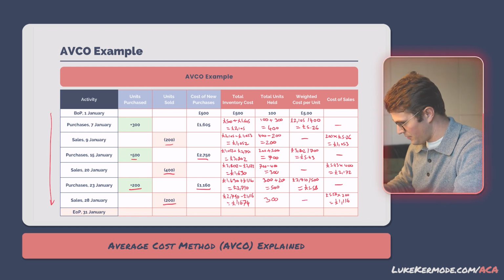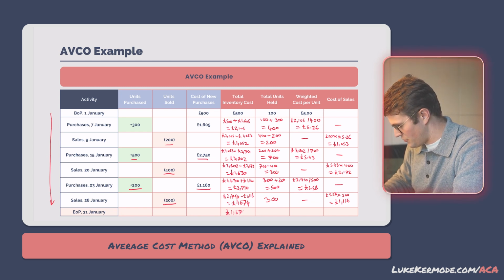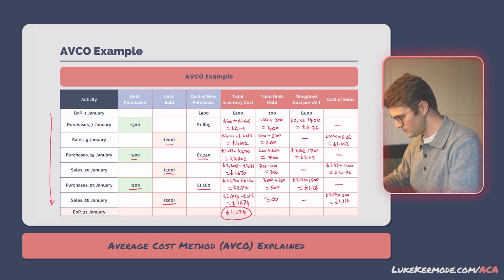So at the end of the month, as at the 31st of January, we have a closing inventory of £1,674. That's our closing inventory.